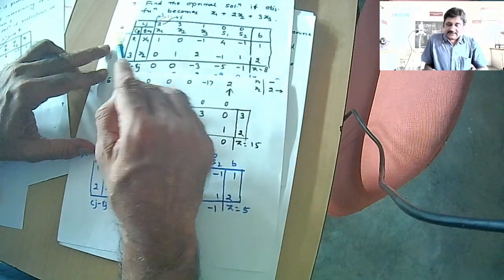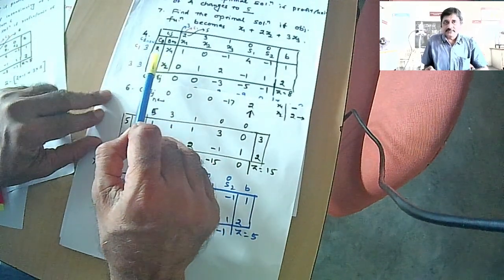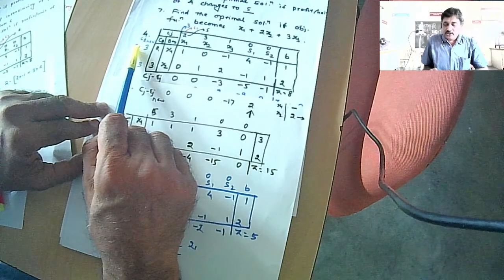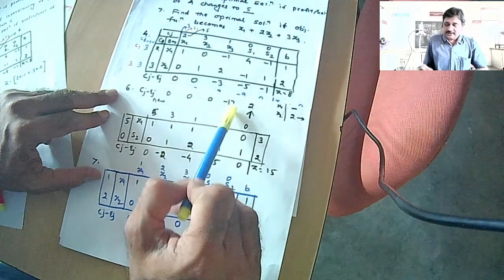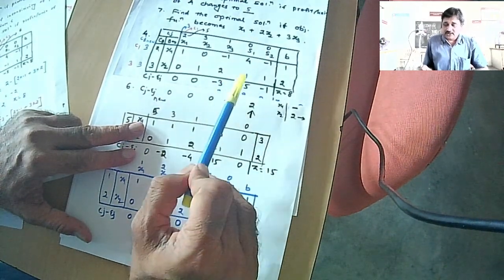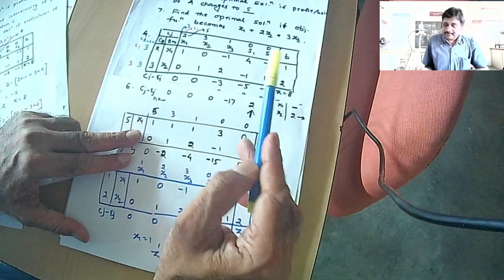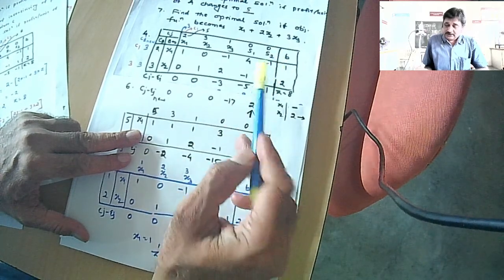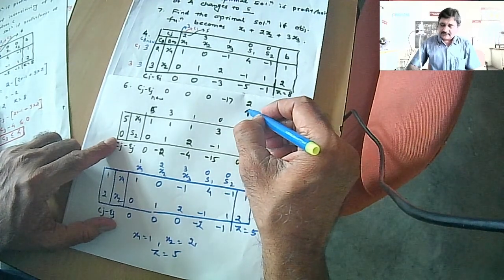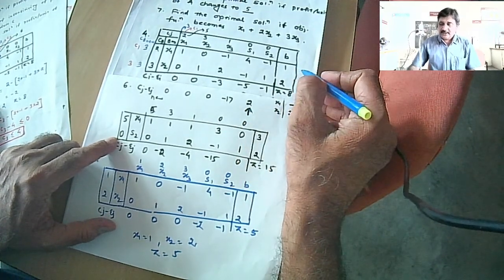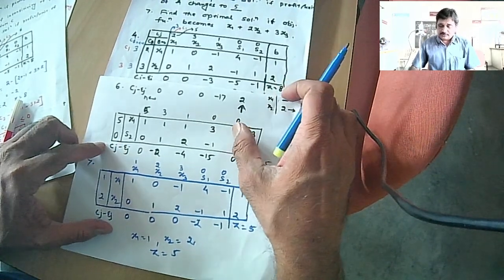Then like here, in place of C1 you see 5, 5 into 4 is 20 minus 3 is 17. So 0 minus 17 is minus 17. Then likewise 5 minus 5 plus 3 gets you 3, so minus 2, and Cj minus Ej will become 2, and because of that this will become the entering variable, and for the leaving variable you will be finding replacement ratios. Replacement ratios you will be finding like this.